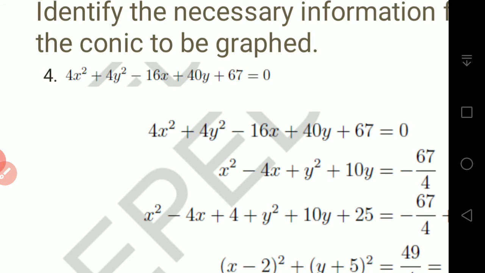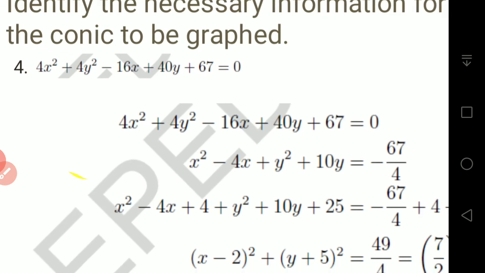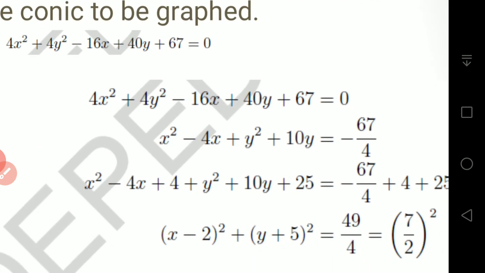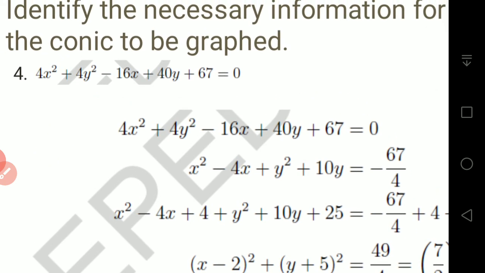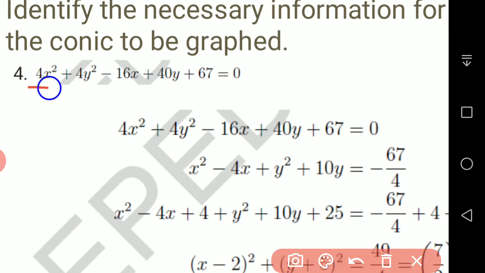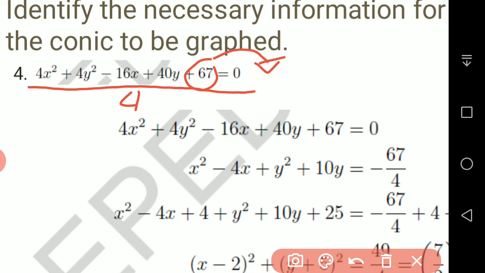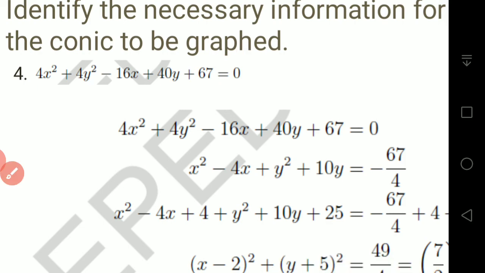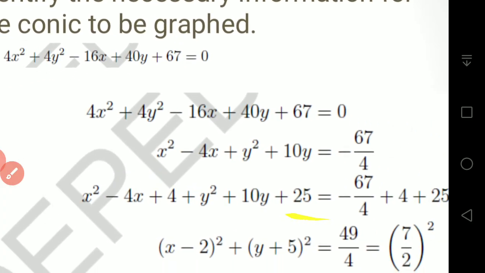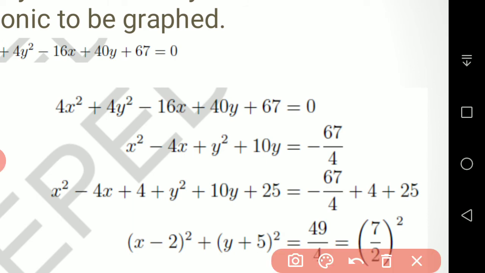Again, first we need to remove the coefficient. So we remove 4, and try to put our constant on the right hand side of the equation. This explains this part.